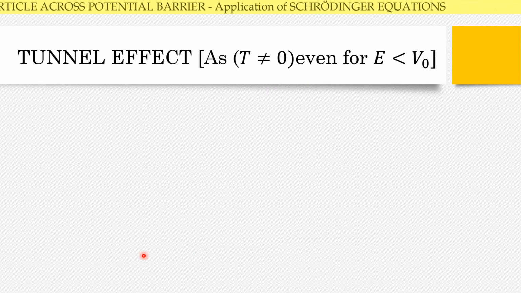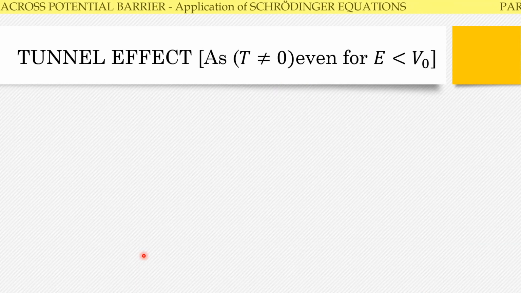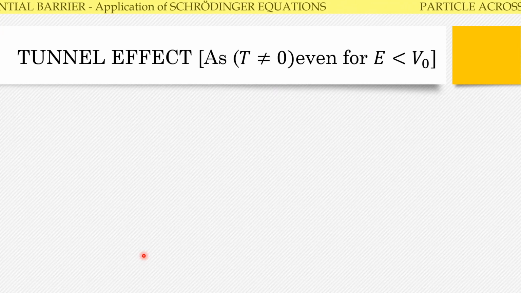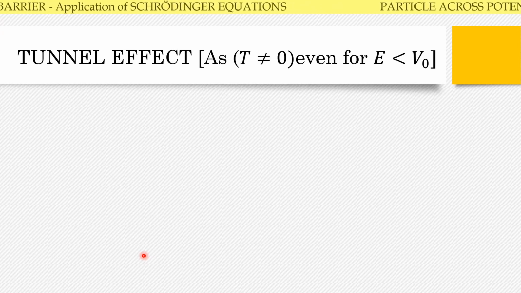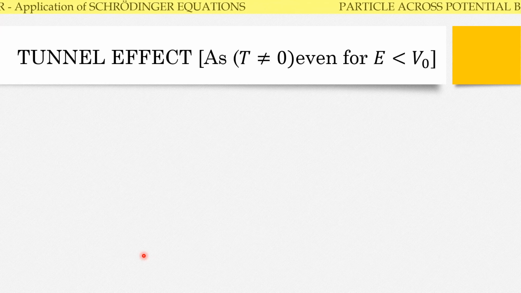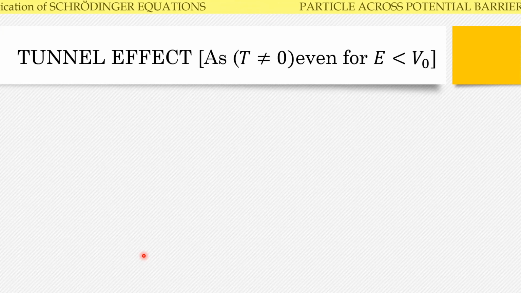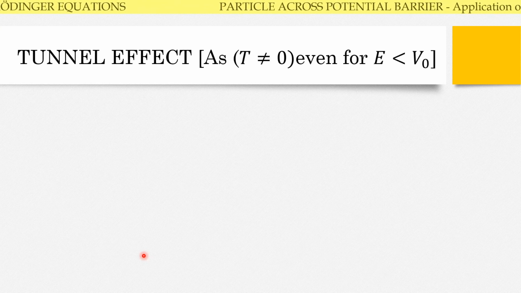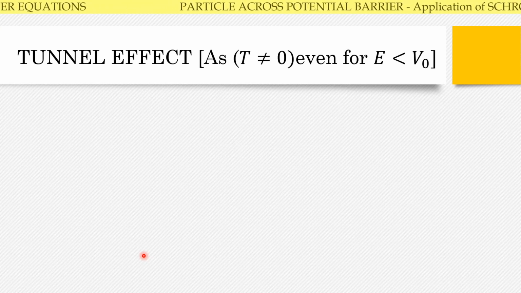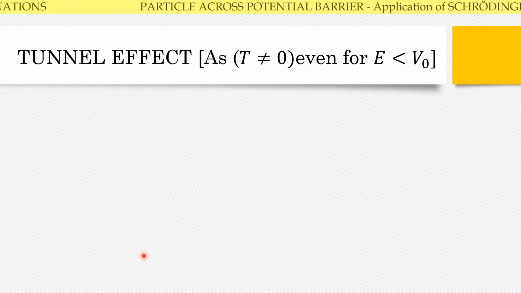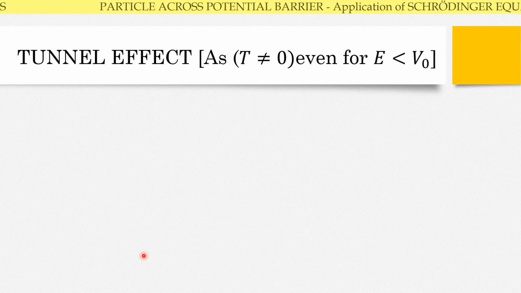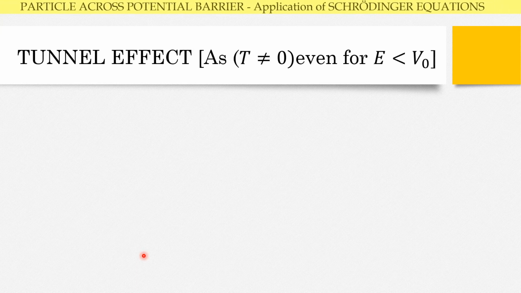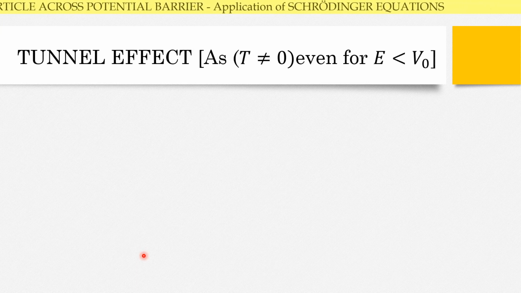So we will explain the situation by naming it the tunnel effect. Why tunnel effect? Because you see, students, that the energy of the particle was less than the height of the potential barrier, and classical mechanics said that the particle cannot penetrate through this potential barrier because it carries much less energy than the height of the potential barrier.